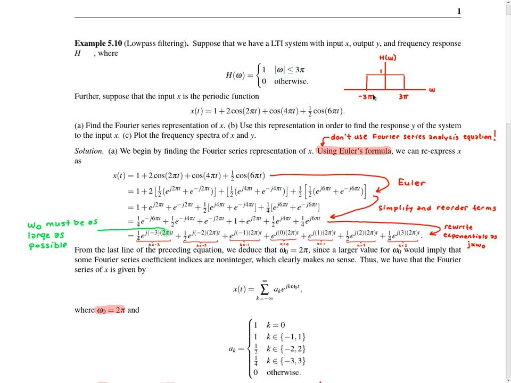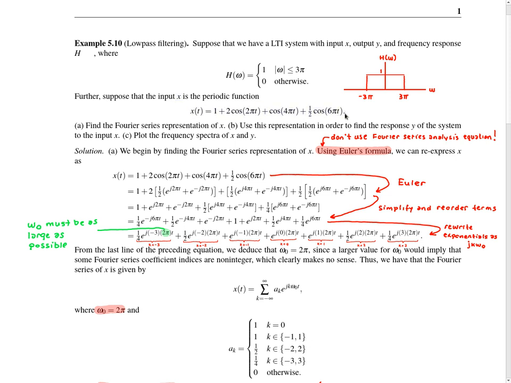And if we plot h, it has the form that's shown in this annotation that's been added to the example. From this graph, you can see that the system that we're dealing with would correspond to a low-pass filter. The reason why is that the form of this frequency response here is the form that a low-pass filter frequency response would have. We're told that the input x for the system is given by this particular formula here.